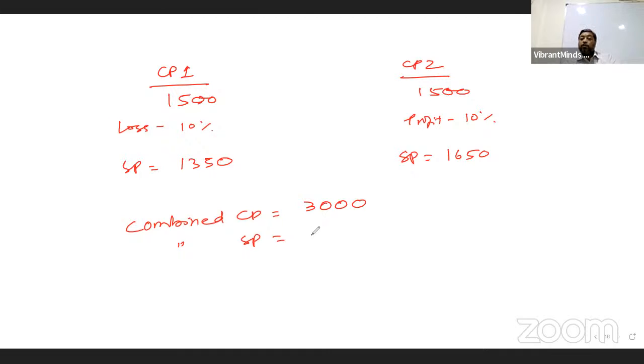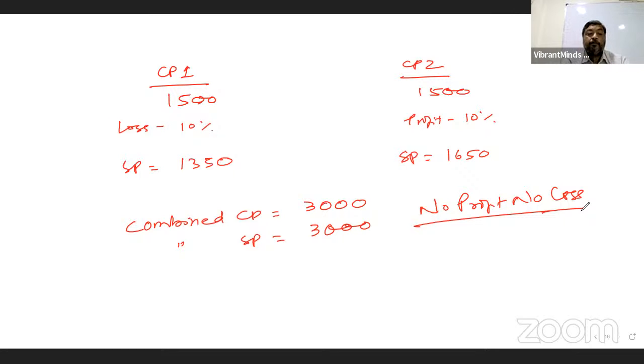So 2900 and 100 is 3000. What we got here? No profit, no loss. Is it clear, everyone? Okay.